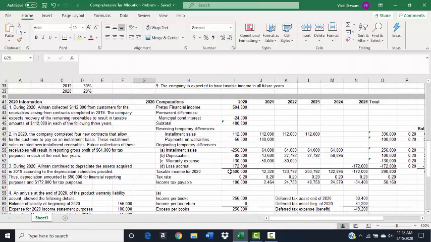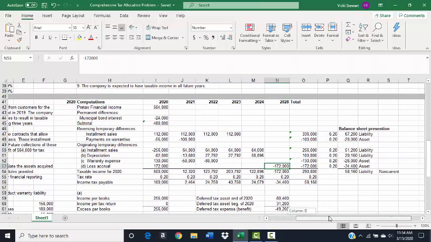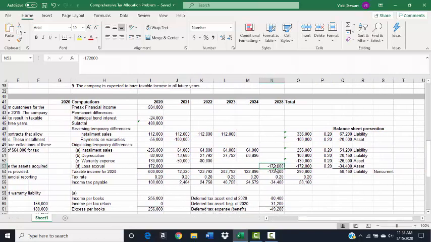So that loss would have been deducted to get to pre-tax financial income, so we're going to have to add it back, and we show that reversing in 2028, and that will result in a deferred tax asset because that deduction we'll be able to take in the future. So multiplying that by the tax rate, we get a deferred tax asset of $34,400.